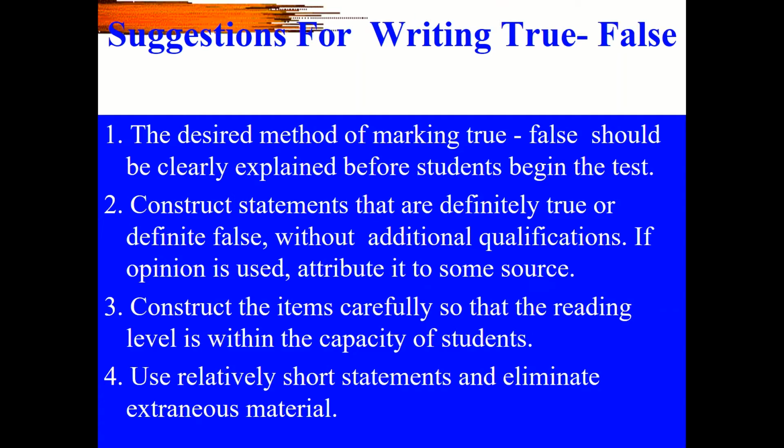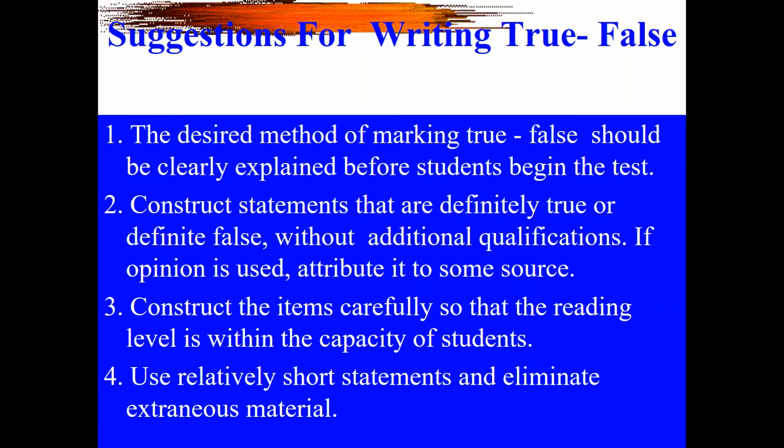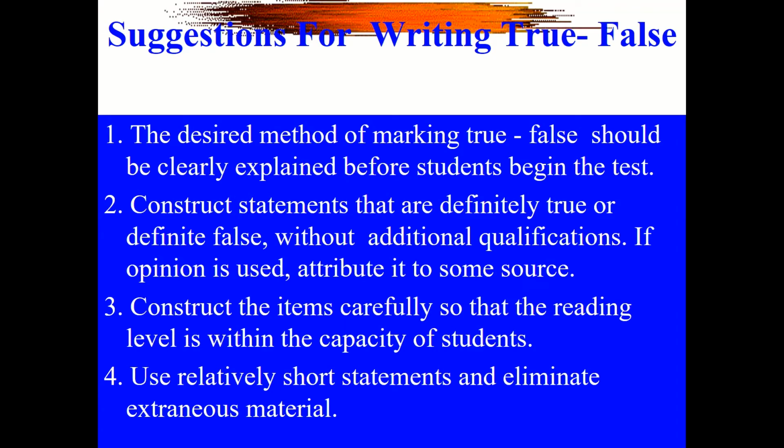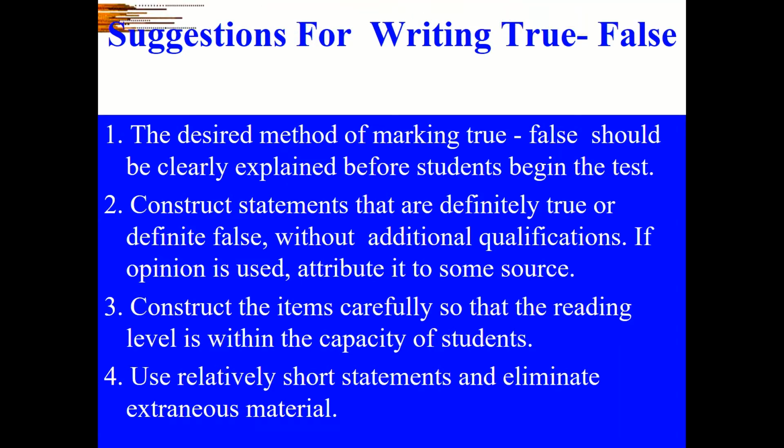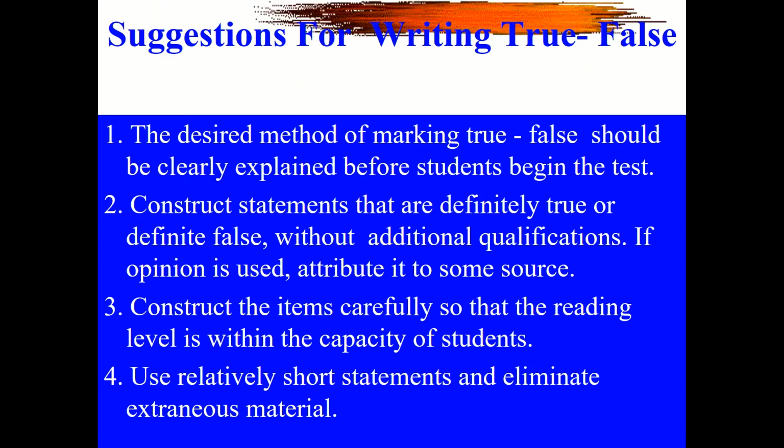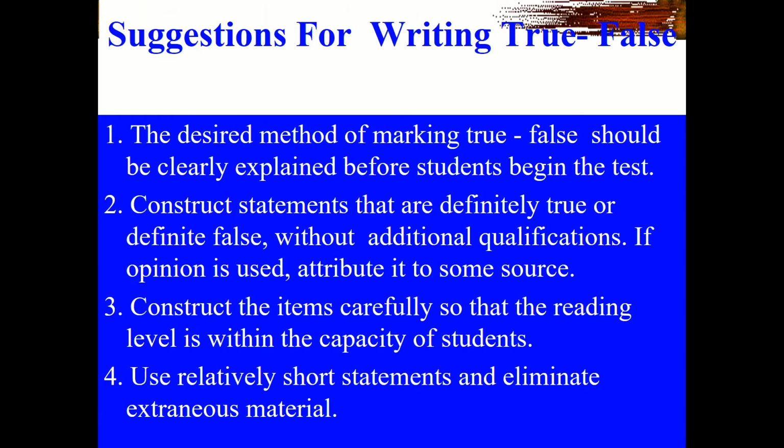Construct statements that are definitely true or definitely false without any additional qualifications. If you use an opinion, try to attribute it to some source. Whether the source is correct or not, at least you attribute it.